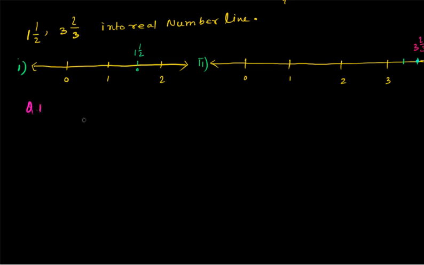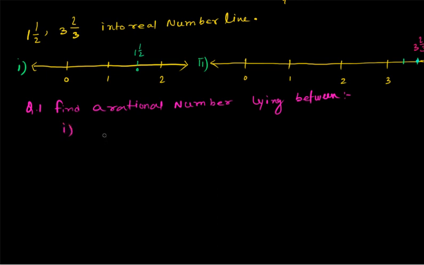So the question is, find a rational number lying between, the first question is given 1 by 4 and 1 by 3, and the second question is given 3 by 8 and 2 by 5.